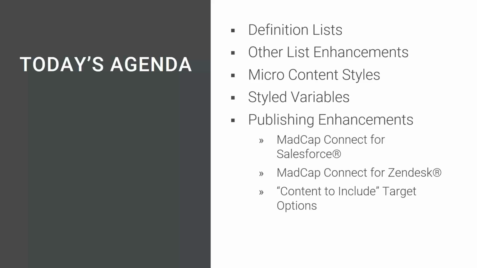Then we're going to turn our attention to some publishing enhancements, including some new improvements for MadCap Connect for Salesforce, MadCap Connect for Zendesk, and some new options in our target outputs, including this new content to include area in the target file. So we're going to talk about some of those. And then, of course, we're going to have some other enhancements that we talk about as well.